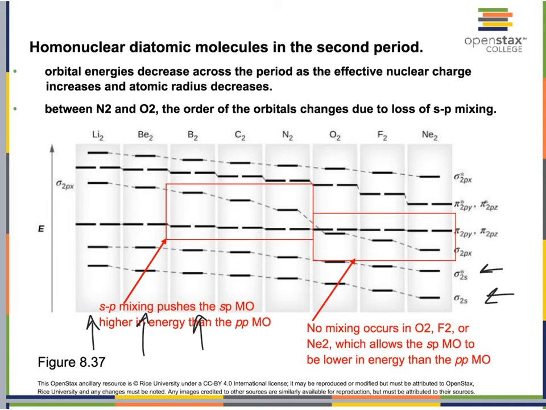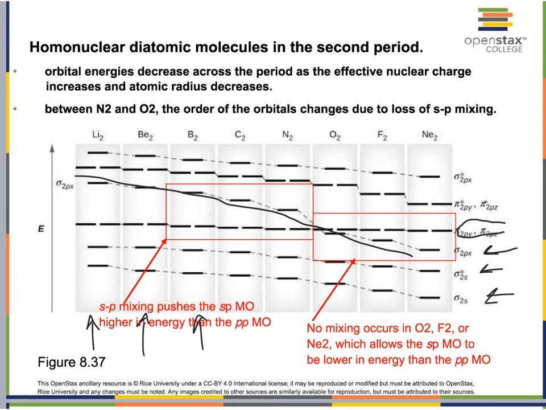And then we can start to look at this sigma 2p. We can look at the energy differences in this sigma 2p. It goes up, and that sigma 2p actually goes higher than the pi 2p's.